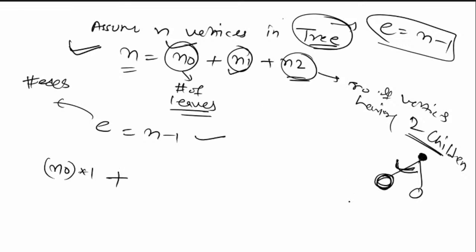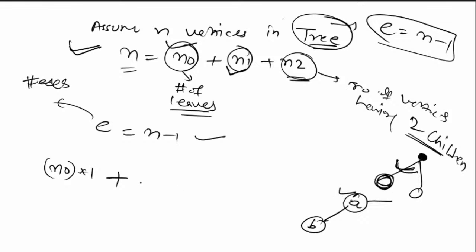Now let's talk about the vertices with one child. Let's assume this is a vertex and it has one child. What will be the degree of this vertex? The degree will be 2, because it is also the child of some other node.